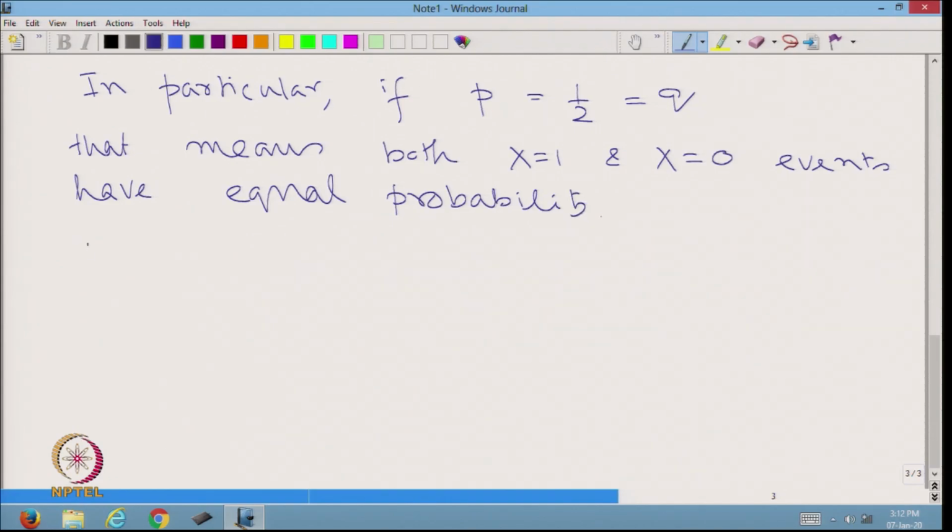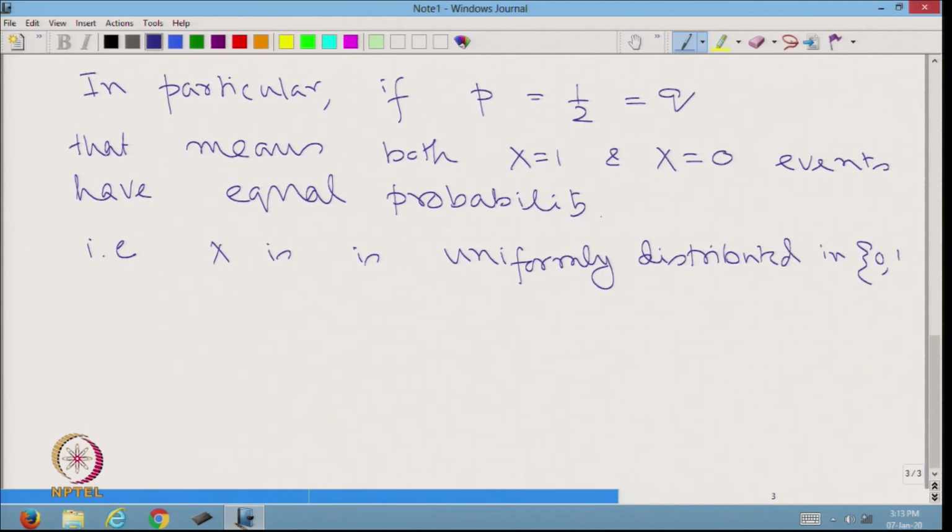Or in other words, X is uniformly distributed on {0, 1}.